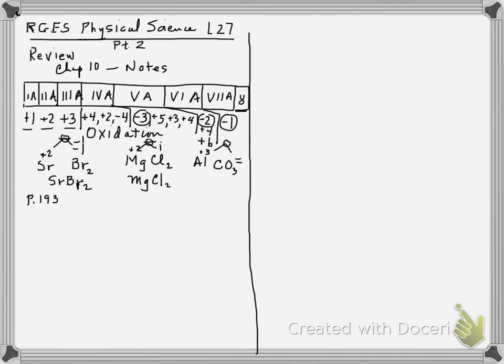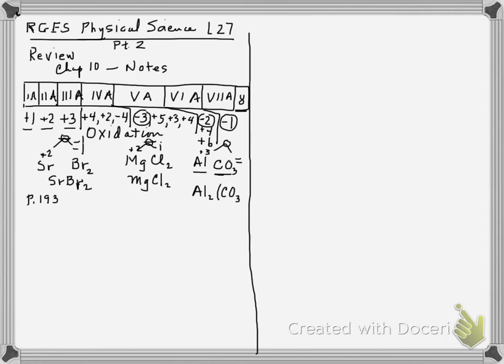So if I have 3 of these, that will give me -6. So let's write down, I'll have a -6 if I have 3 carbonates and a +6 if I have 2 aluminums. So I'm going to need 2 aluminums, and then I'm going to need 3 of these carbonates.